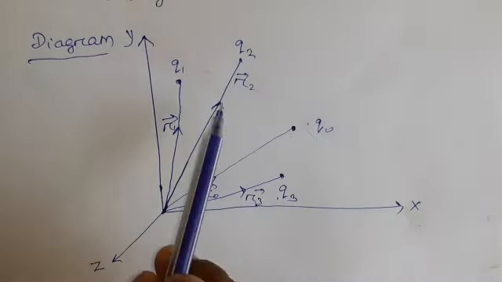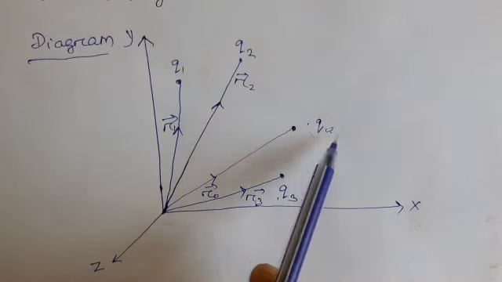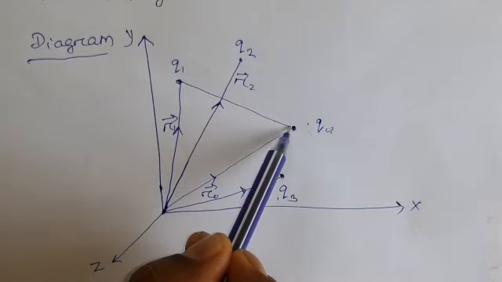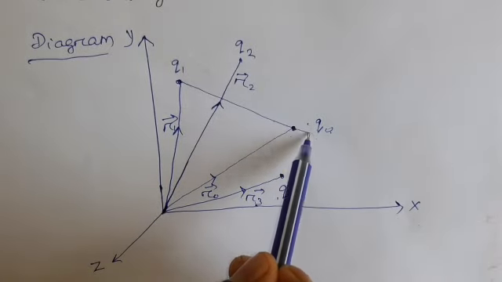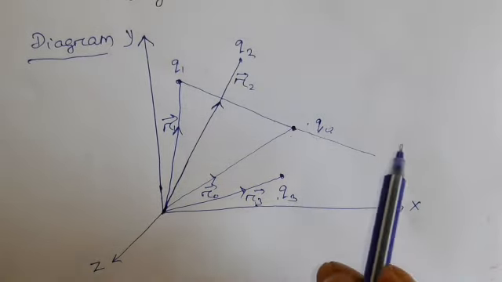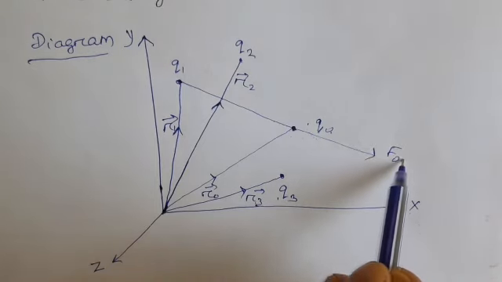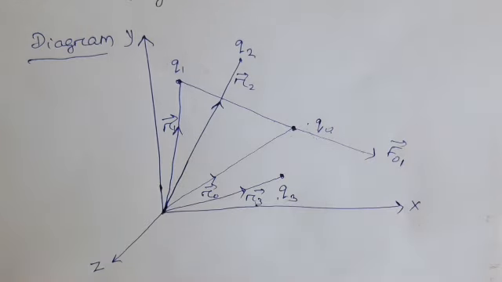Again I will draw the direction of force on Q naught due to Q1. Here I will write the force on Q naught due to Q1. This is the direction of force on Q naught due to Q1.